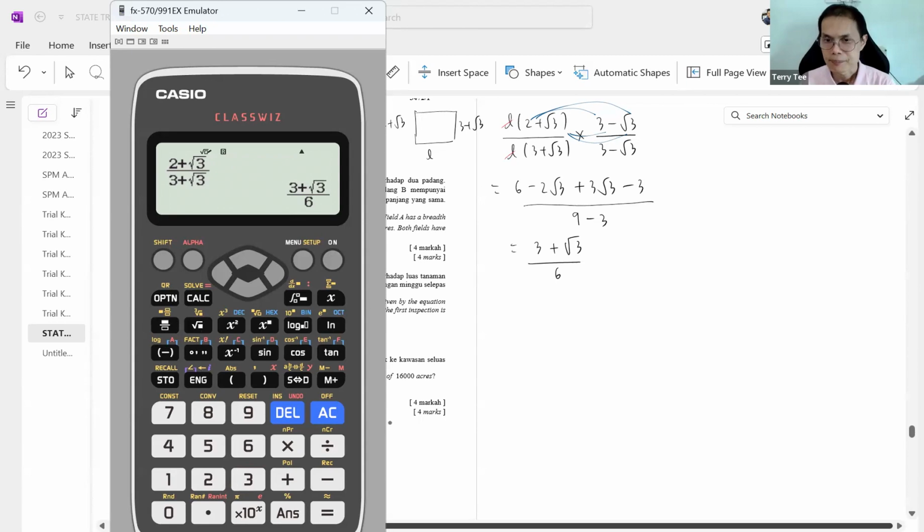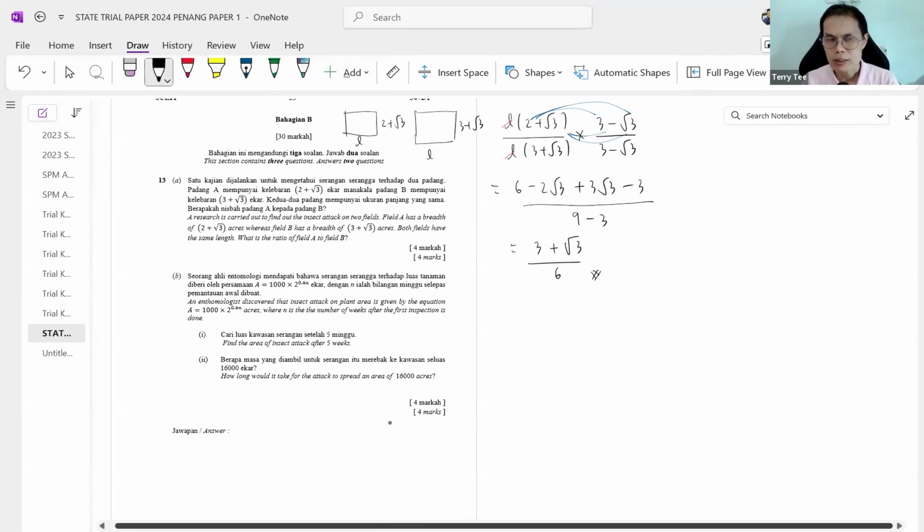Okay, so same answer. Now when it comes to ratio, actually we can stop here because ratio we can write as a fraction, but the answer given, they write in this form, which is still fine. Yeah, you can write this form, you can write this form, also okay. So that's the ratio. So I've got part A done.